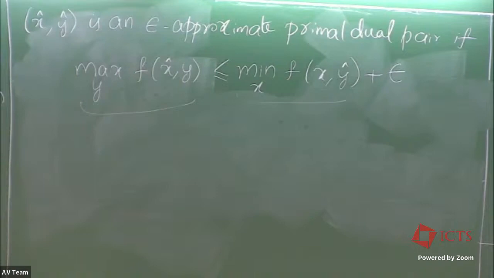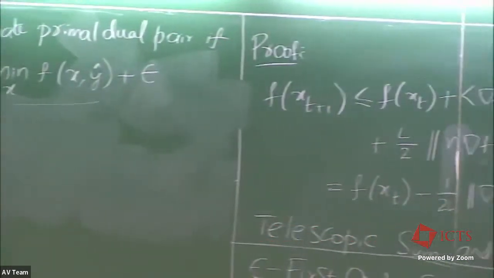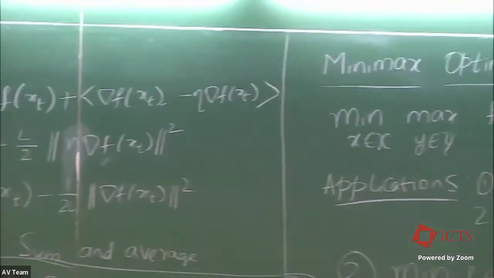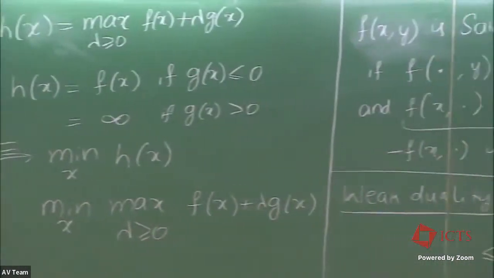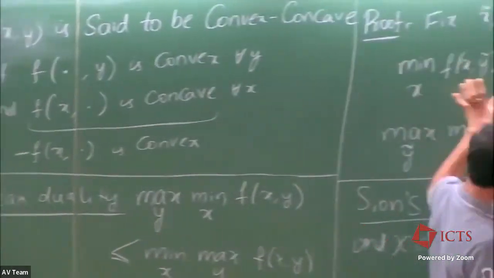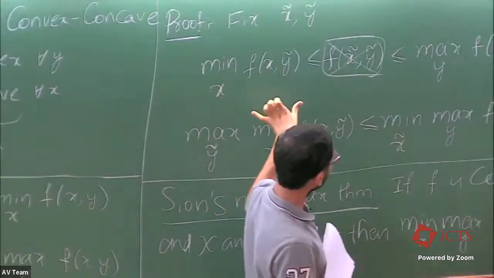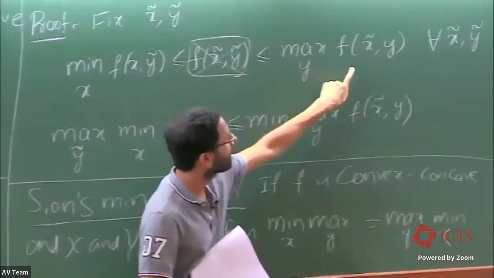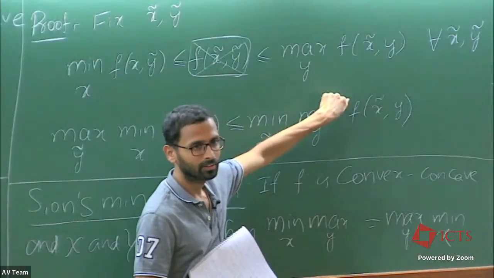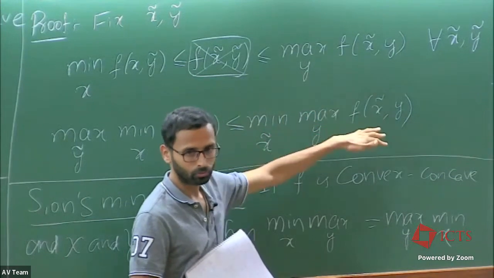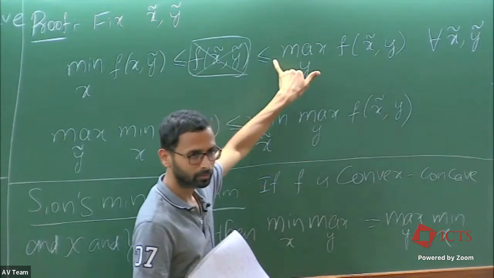It means that if I take a max over Y twiddle here, that should still be smaller than or equal to this, because it's true for every Y twiddle. Similarly, this thing is less than or equal to this for every X twiddle. So in particular, it has to be less than or equal to the smallest value this can take over X twiddle. That's why I can put a min here.